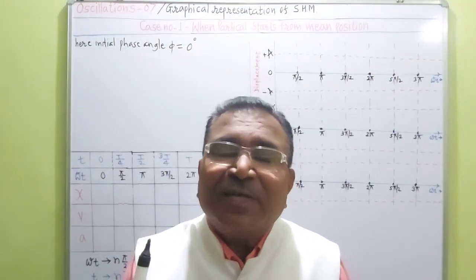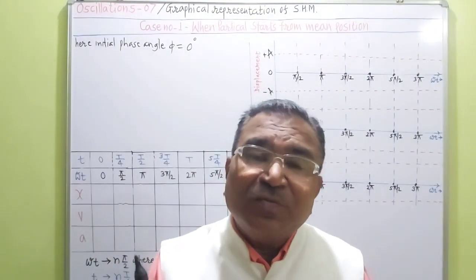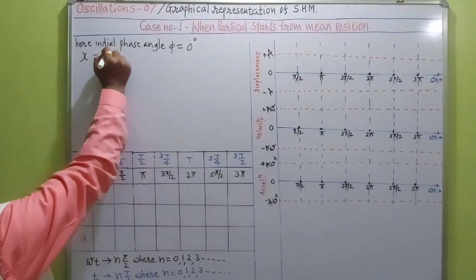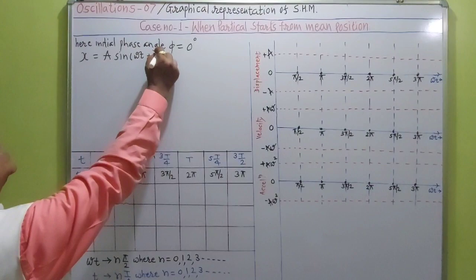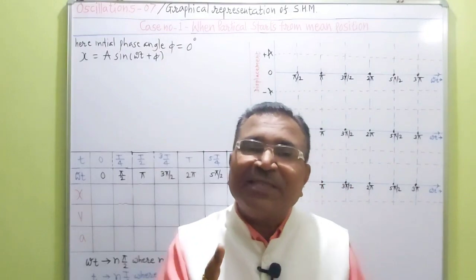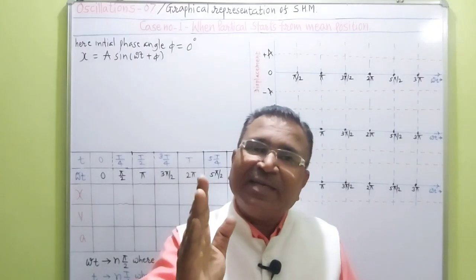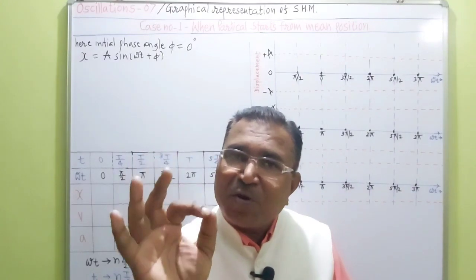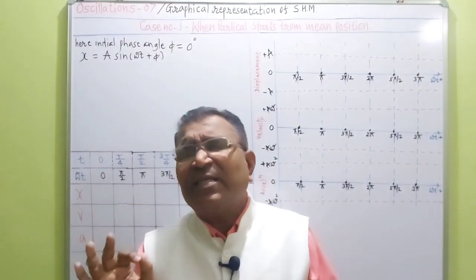Now write the general equation of displacement of SHM. We know the equation of displacement of SHM: x is equal to capital A sine of omega t plus phi. Displacement of SHM is denoted by x, which is equal to capital A. Capital A stands for amplitude, while small a stands for acceleration in SHM.